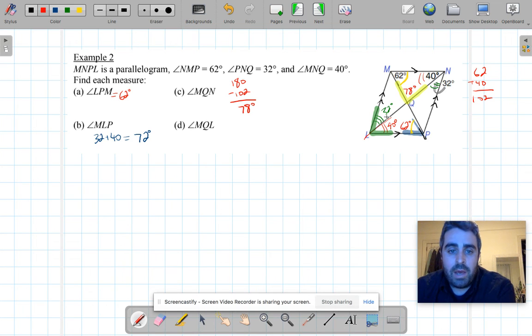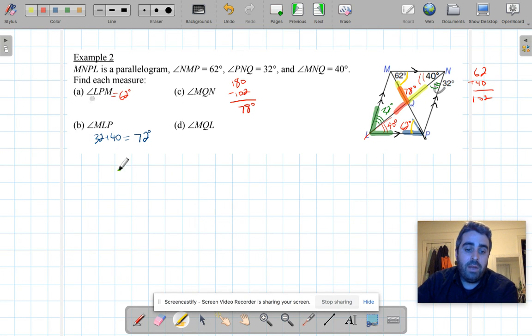Lastly, we need MQL. So MQL, let's highlight this one, different color. MQL is this one right here. Well, there's a couple ways we can go about this. We see that we know MQN is 78. We know that this angle here, LQM, and angle MQN, they form a line.